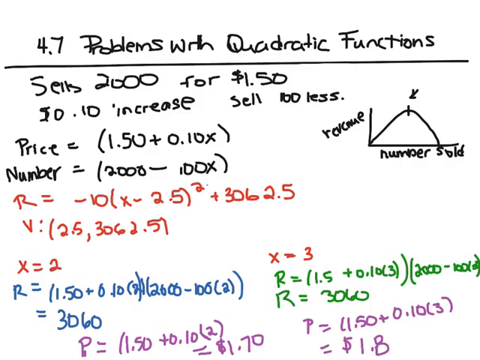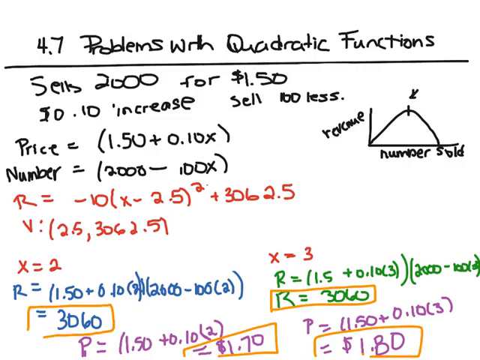So our maximized prices to sell the chicken wraps are $1.80 or $1.70, and both will have a maximum revenue of this. So it doesn't matter which one you do.